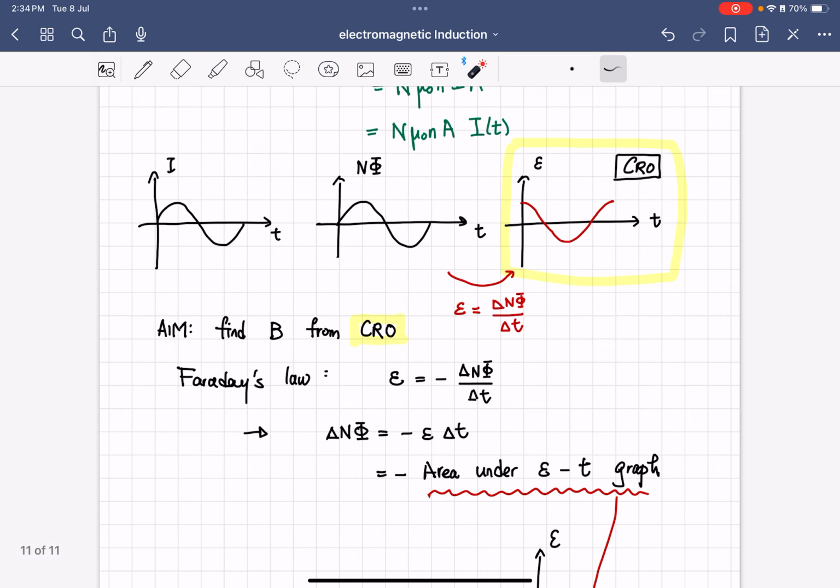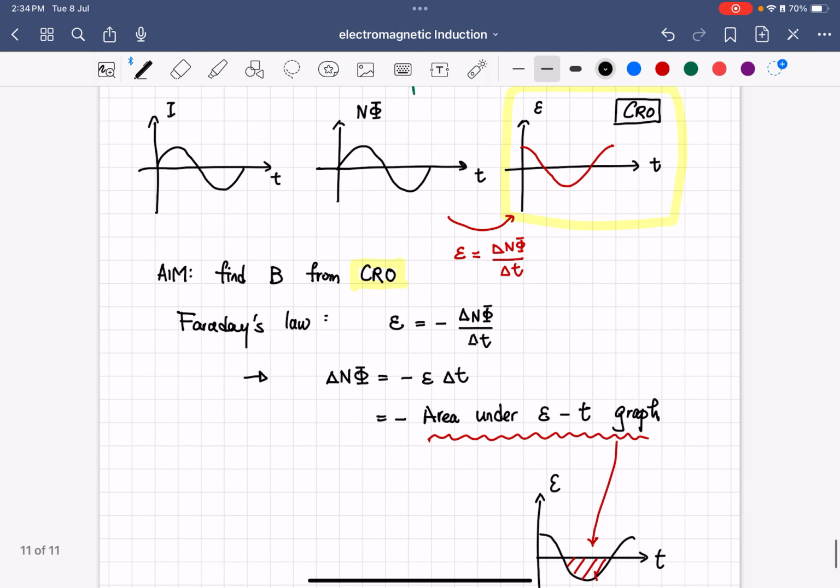That means ΔNΦ is actually from the maximum value of NΦ minus the negative of the maximum value of NΦ. So the change is from here to here. That means you're going from NΦ max to minus NΦ max.